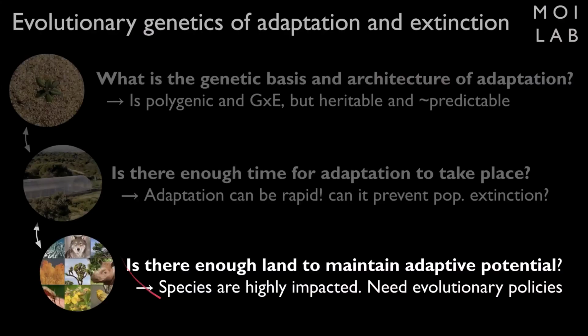So we've seen that many species are highly impacted because geographic distributions are being reshaped. This means that we need aggressive policies to maintain enough land to maintain high adaptive potential. Evolutionary biologists and population geneticists haven't typically been at the table in these global biodiversity frameworks and discussions, but we need evolutionary policies.